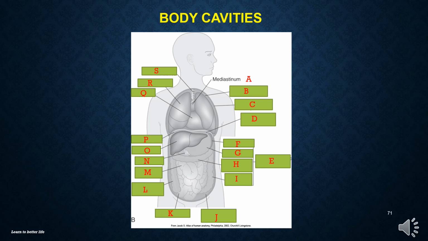A is mediastinum. B is the thoracic cavity. C is the pleural cavity. D is the abdominal cavity. E is the abdominopelvic cavity.